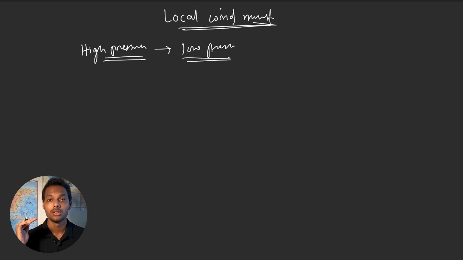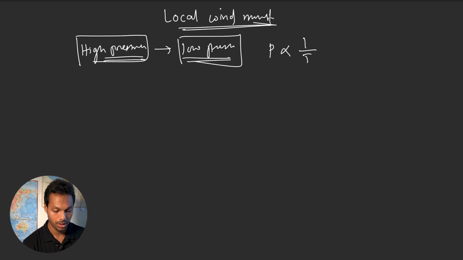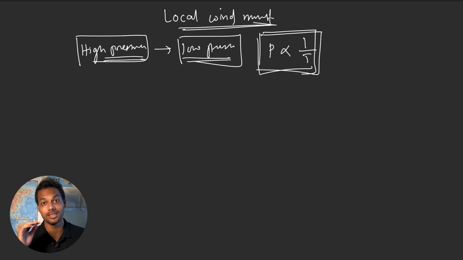Wind always moves from high pressure to low pressure. Pressure is inversely proportional to temperature. If a place has higher temperature, then it has low pressure.